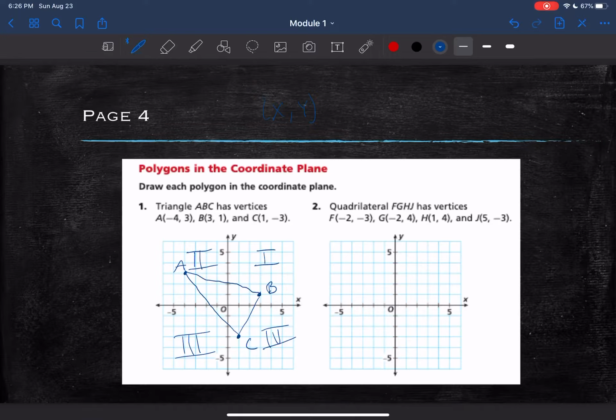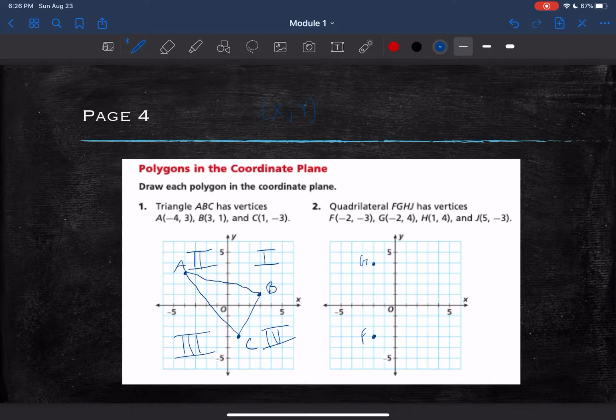Let's go ahead and plot this quadrilateral. A quadrilateral is a 4-sided figure. It gives us 4 points, so we'll go ahead and plot that. F is -2, -3, so that's going to be 2 to the left and 3 down. G is -2, 4, so it's going to be left 2, up 4, right here.